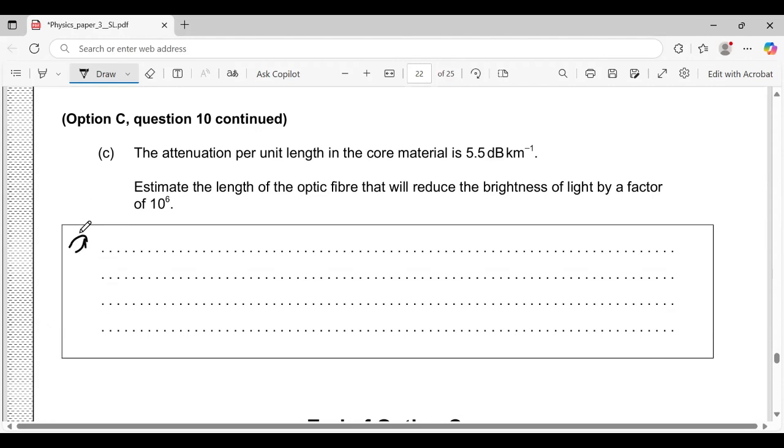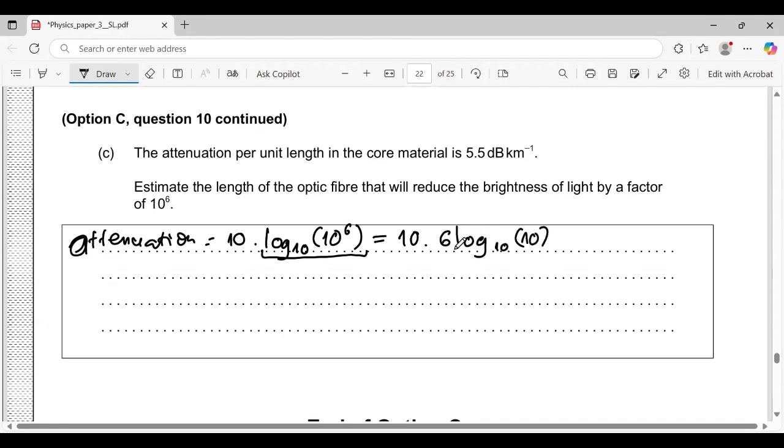Attenuation equals 10 times log 10 of 10 power 6. And based on the logarithm rule, we can write this term as 10 times 6 log 10 of 10.